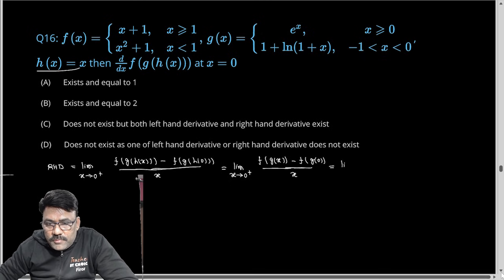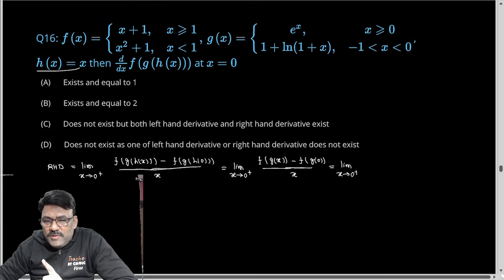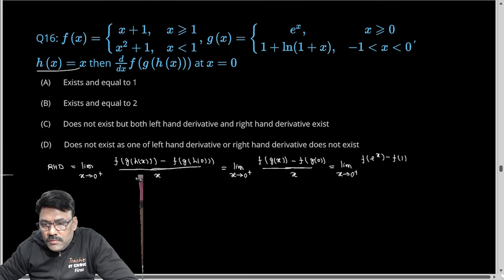Now, limit x approaching 0 plus. When x is 0 plus, meaning greater than 0, g(x) will be e raised to x. So it is f of e raised to x, and g(0) will be 1. So f of e raised to x minus f(1) over x. Now it is limit x approaching 0 plus.